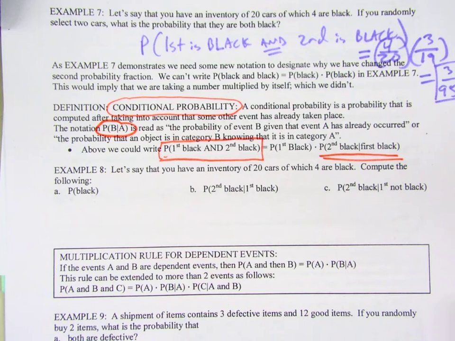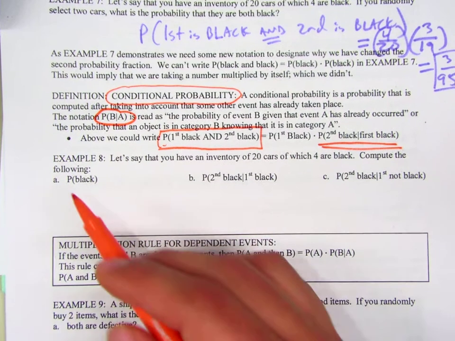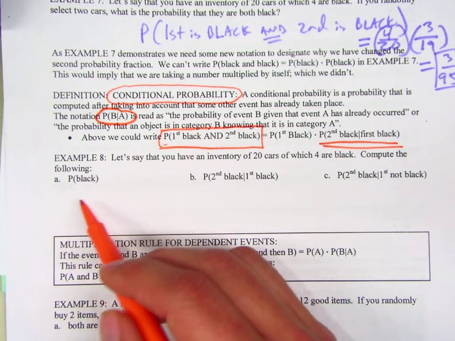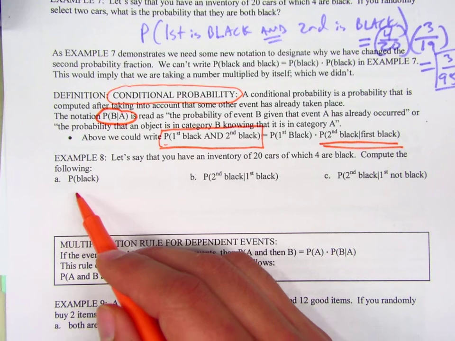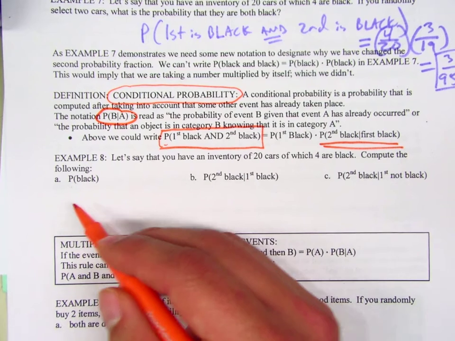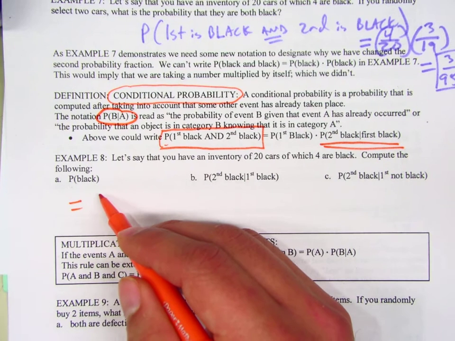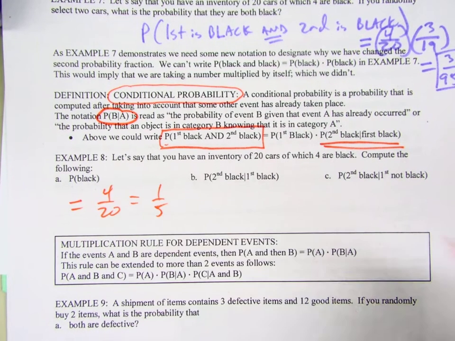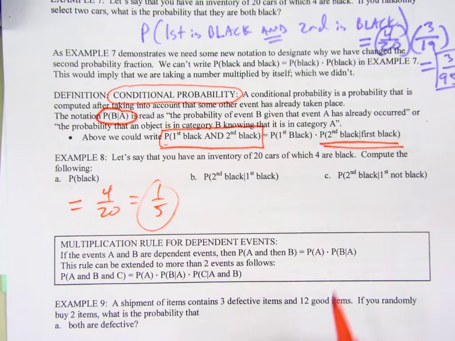What you need to be able to do is look at probabilities like this and figure them out. So let's start with this one. What's the probability, again, 20 cars, same problem, that it's black, just one car? What is it? 4 out of 20, which is 1/5. Okay, so that's easy.